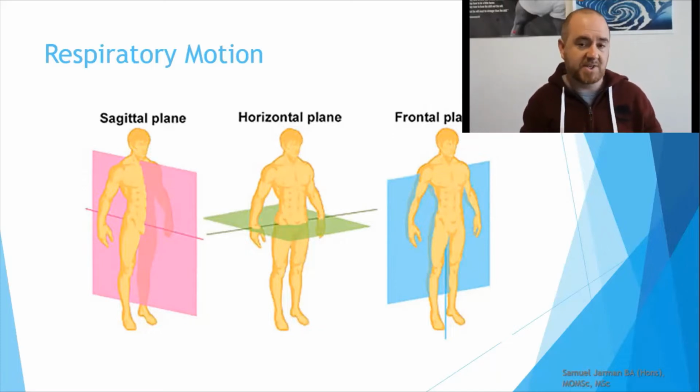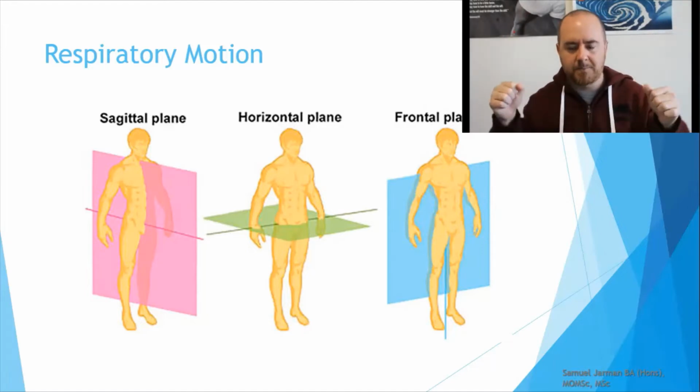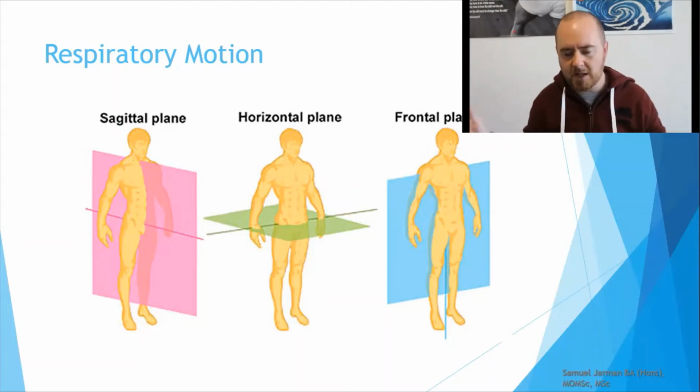As an underpinning, I would suggest using pump handle, mixed, bucket handle, and caliper to talk to different people with different perspectives and different professions about rib motion, and the discussion is going to go pretty smooth.